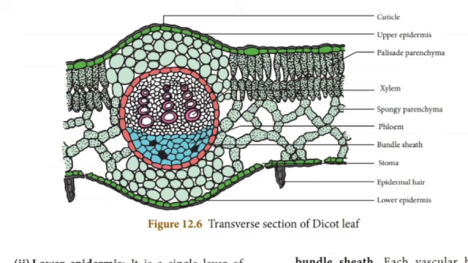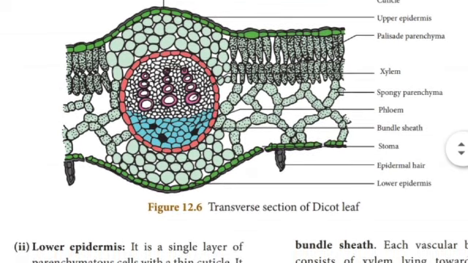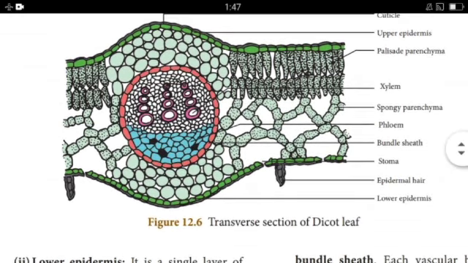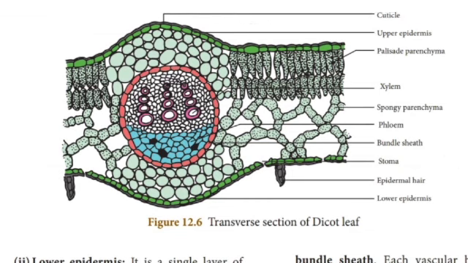But these cells have intercellular space. In the palisade parenchyma above, they do not have intercellular space, and in this type of cells they have intercellular space. And this spongy parenchyma helps in gaseous exchange. These tissues are used for exchanging gases.